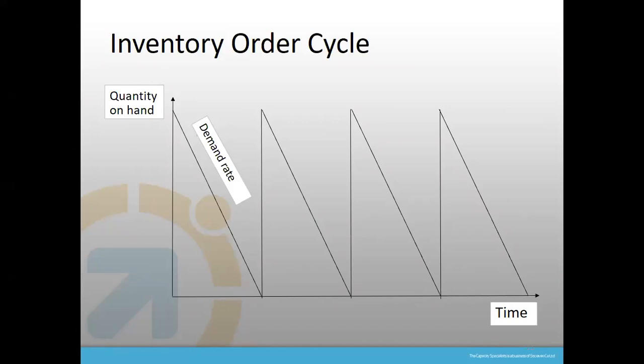So the quantity on hand reduces continuously until it is at zero. You see the 0 point where the sloped line is at the bottom, right? And then we will receive the new order. The trading company receives the new order from their supplier, and it goes up to the maximum again. Then it goes down again. So this is the order cycle. It's always the same, right?